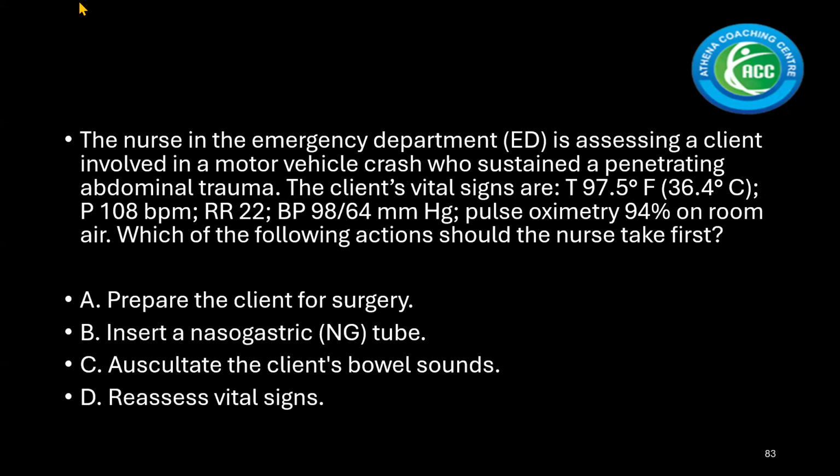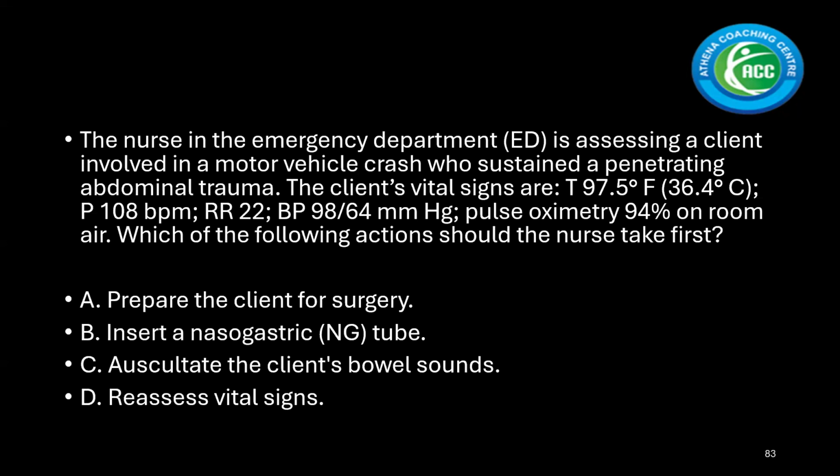And BP is in the lower limit and pulse rate is in the upper limit. That means it is indicating the patient is almost moving to a hypovolemia, not hypovolemic shock, but there is a bleeding. Okay, so which is indicating there is a bleeding inside and outside both. Fine. So penetrating injury is the basic reason why the patient situation is in this way.